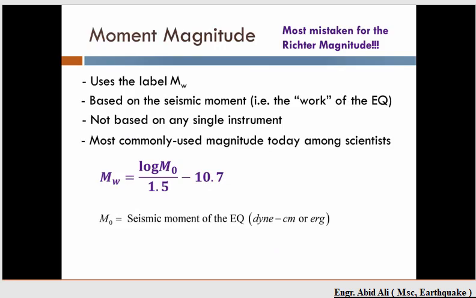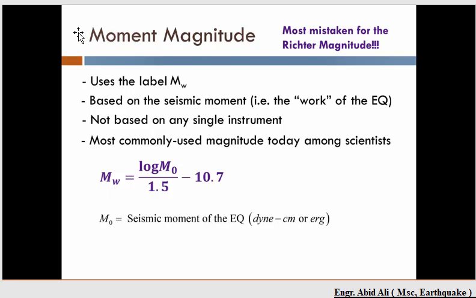It's a problem with all these different magnitude scales, and then they saturate. It's good for small earthquakes, but for large earthquakes, you can't really accurately characterize the amount of energy that's there. And so this is what seismologists said: we need a better way, and they developed a better way.